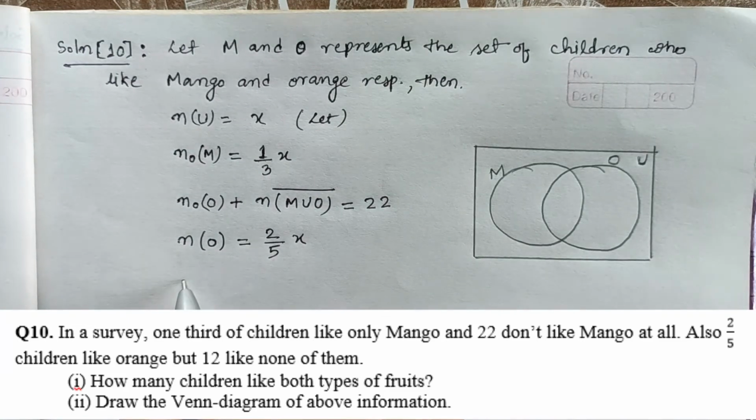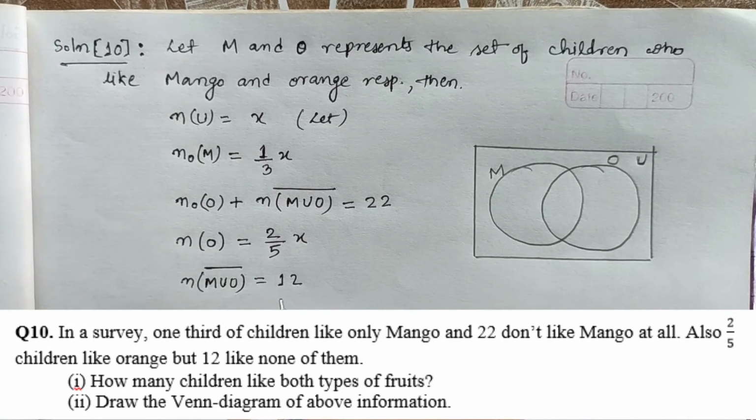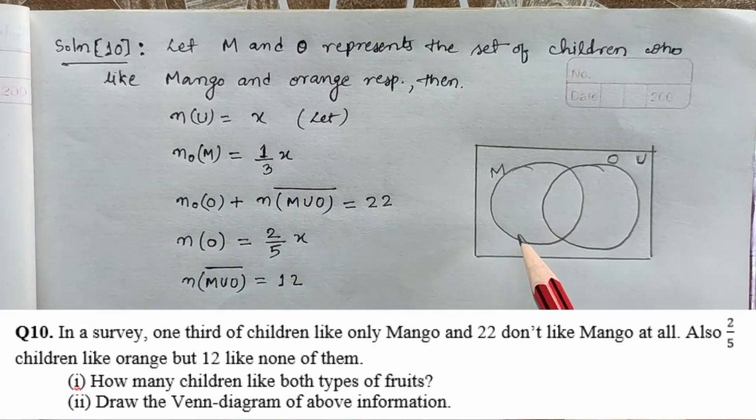Another part given is n((M union O) complement), how much? 12, because 12 don't like, or 12 like none of them, meaning complement. So n only M is this part.